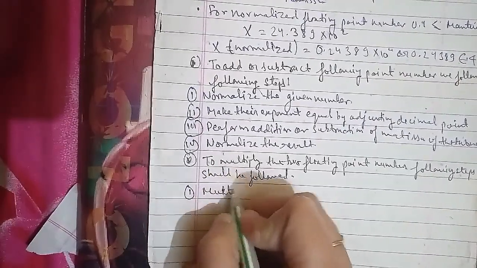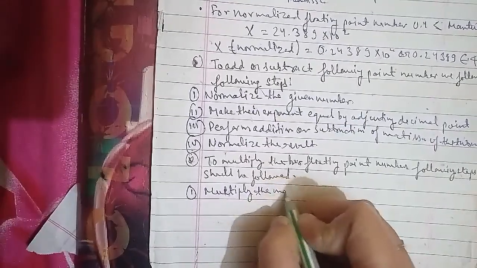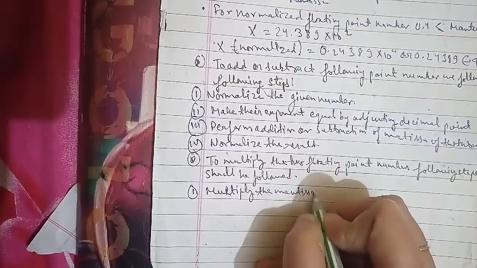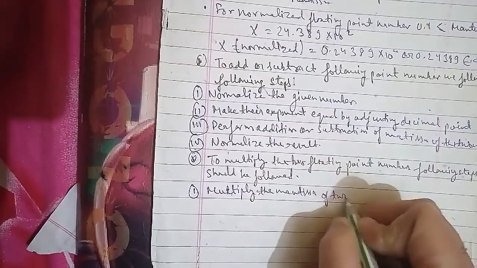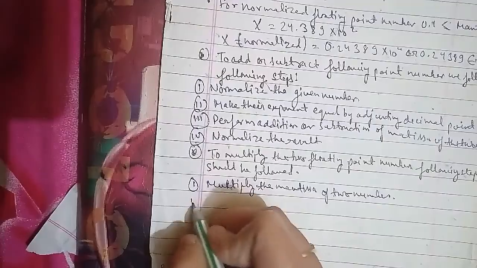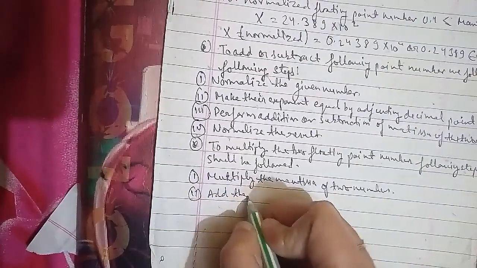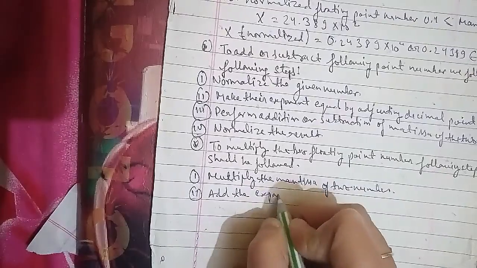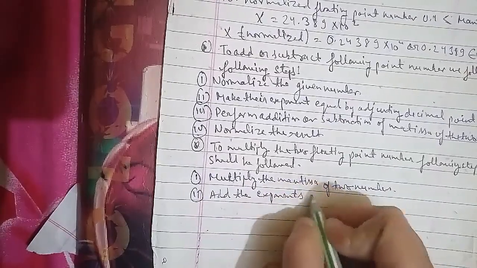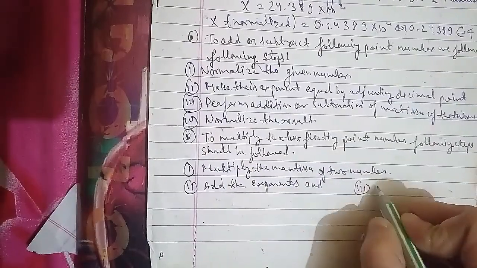Then, to divide two floating point numbers, we perform the following steps.